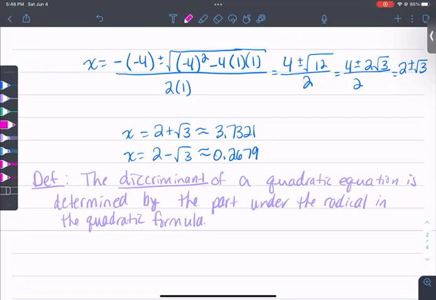The part in particular we're talking about is b squared minus 4ac. This is the discriminant.